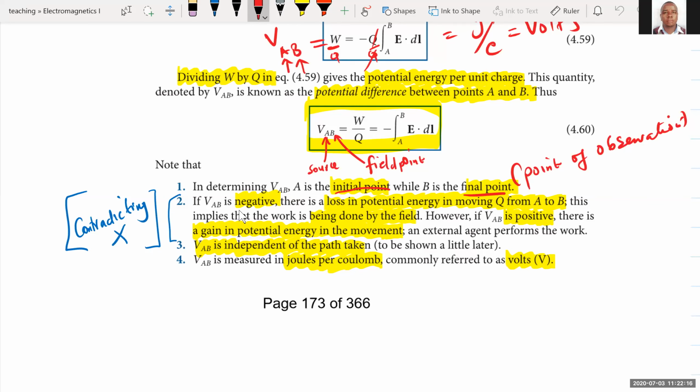This seemed contradictory. When I was going through these notes, I felt like it was contradictory, but I actually think that this is accurate. So I will withdraw that comment that I had made.